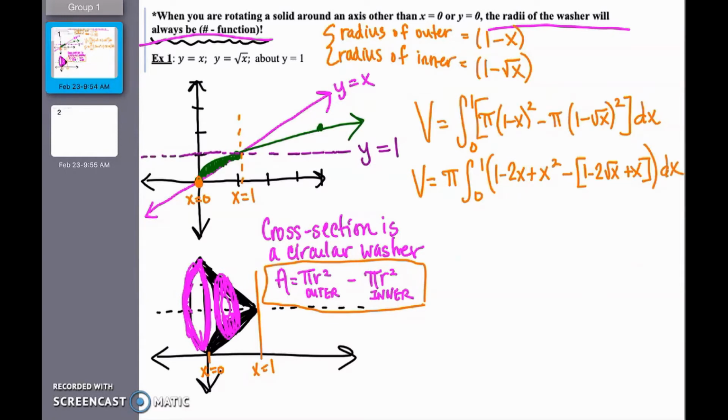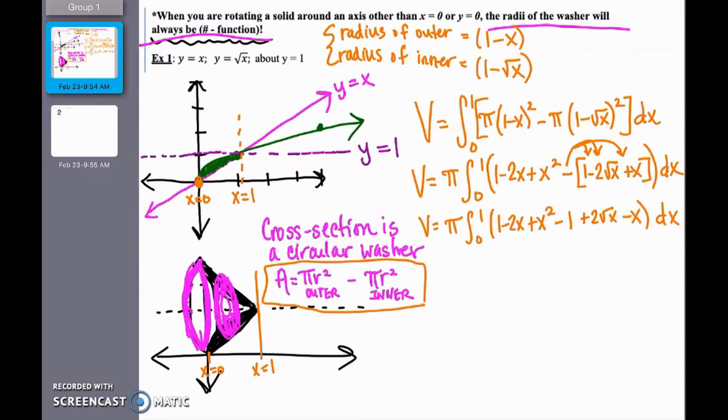Now if I distribute this negative to all three terms and clean things up a little bit, I get the integral from 0 to 1 of 1 minus 2x plus x squared minus 1 plus 2 square roots of x minus x dx.